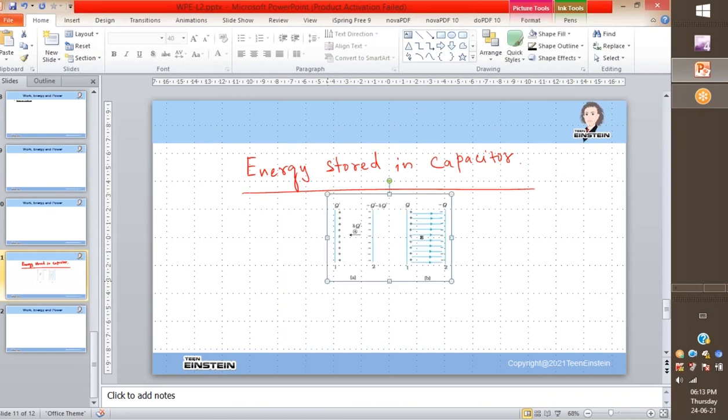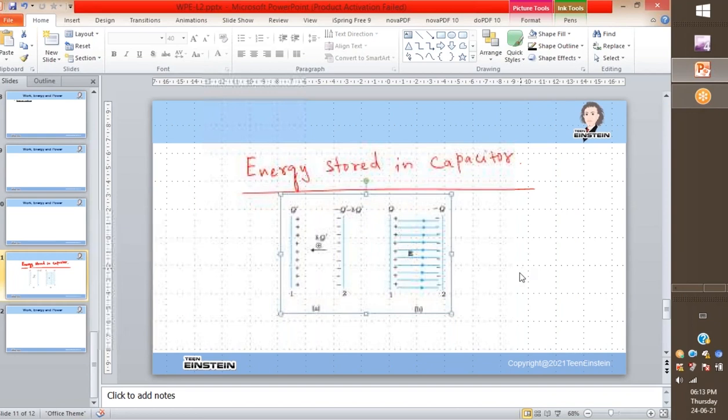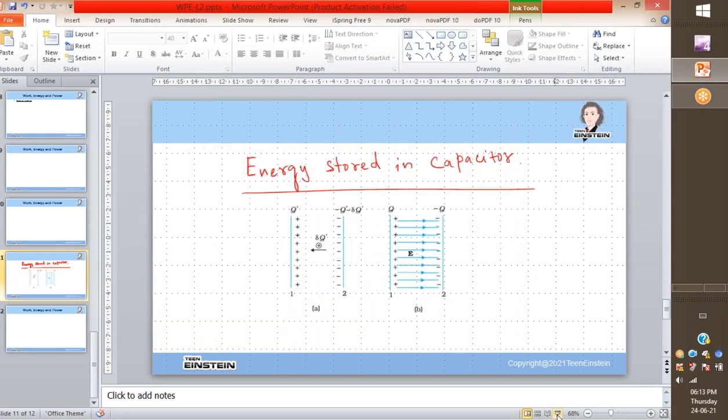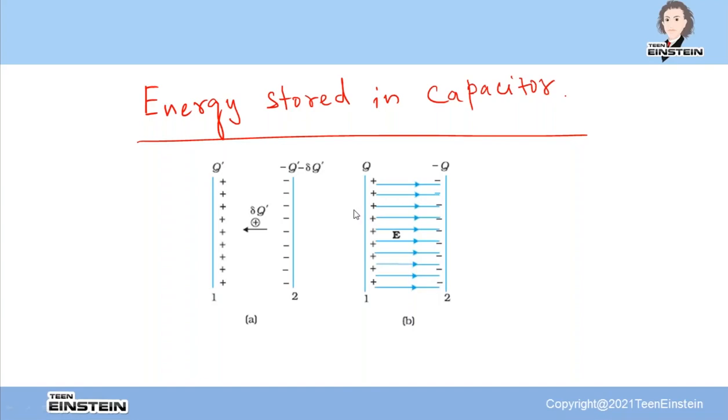We take our model capacitor as a parallel plate capacitor. We are not going to other geometries; first of all, we'll take up parallel plate capacitors. If you want to charge the capacitor, what should you have? You should have an external source, that is the DC battery.